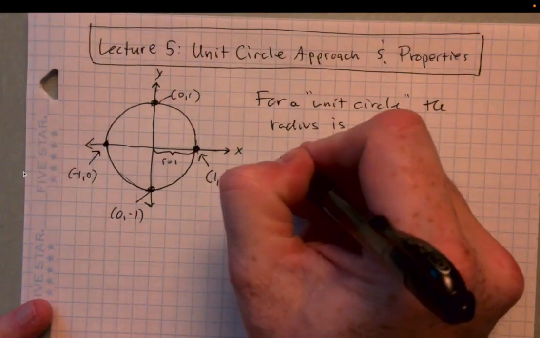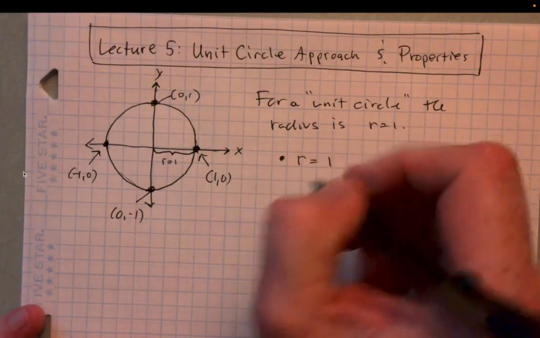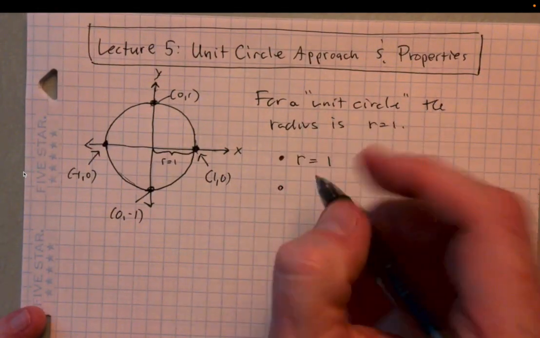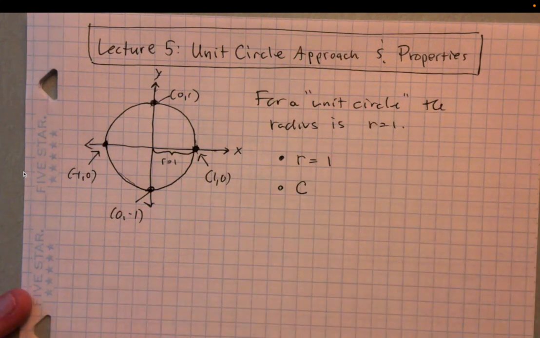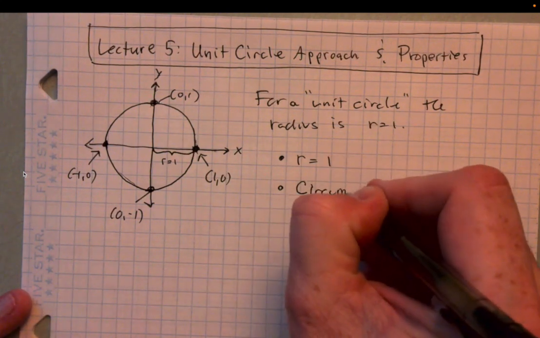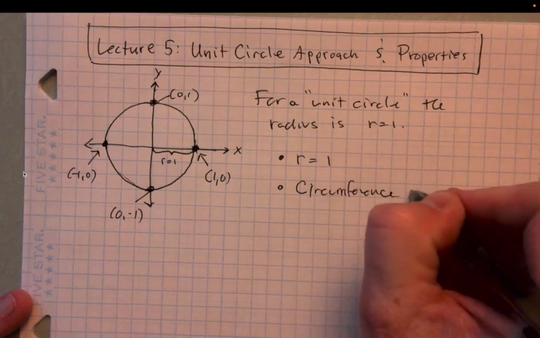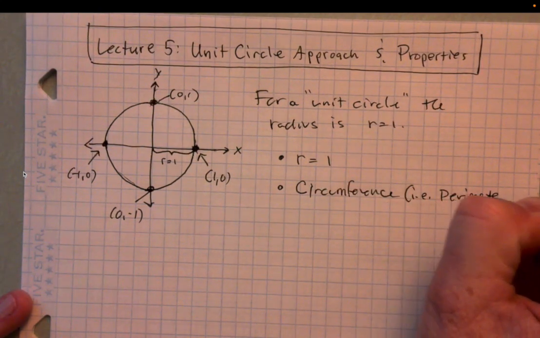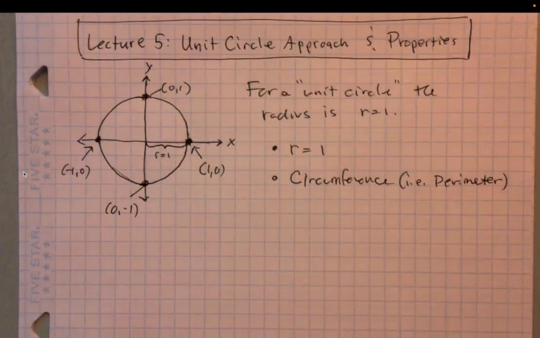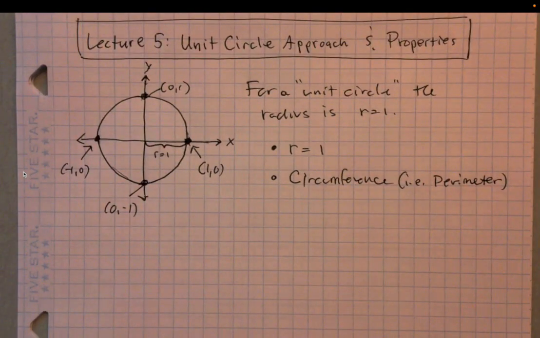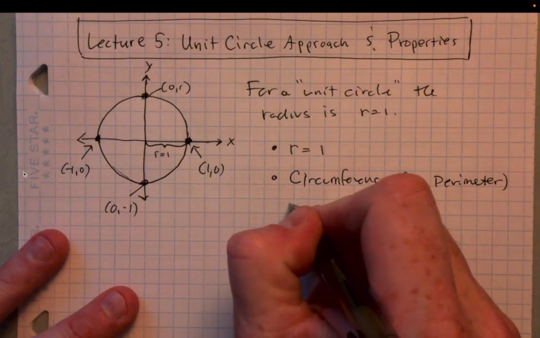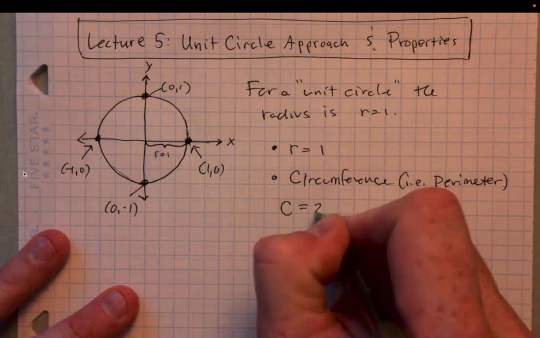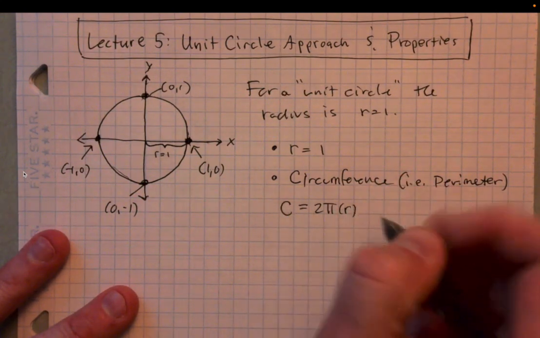Okay, so a couple of things to note. So first thing to note is that the radius is equal to 1. Second thing to note is that the circumference, i.e. the perimeter of the circle. For a unit circle, what do we know? Well, we know that the formula for the circumference is equal to 2 pi times the radius, right?